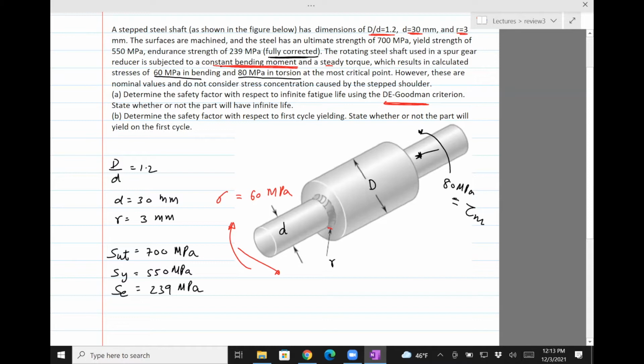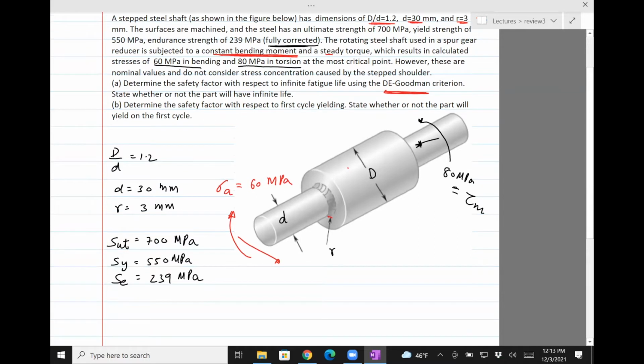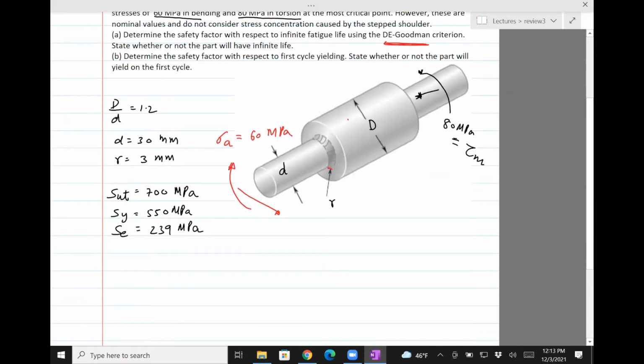Because the shaft is rotating, the top part is going to be stressed sometimes in compression, sometimes in tension, which means that this stress is actually the alternating stress and not the steady sigma M.